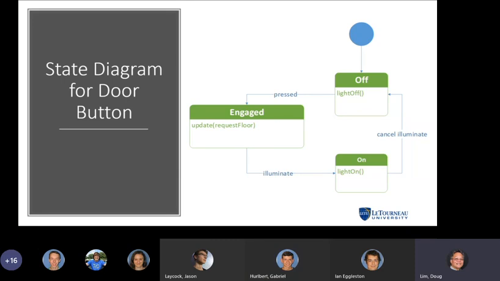The other thing is there probably should have been something else in the engage button. Can anyone point out what I missed here in the engage button? Well, I guess actually you kind of know. It's whether it's an up or down button. But I guess that would be a property inherent to the door button. Yeah, I don't really know how I would do that.